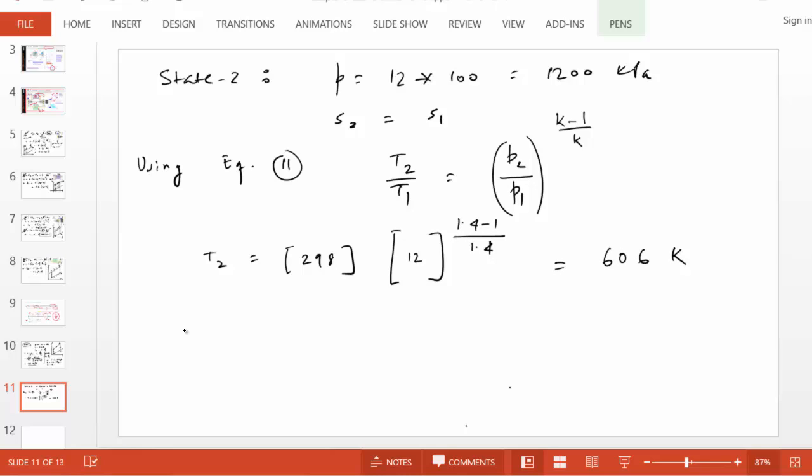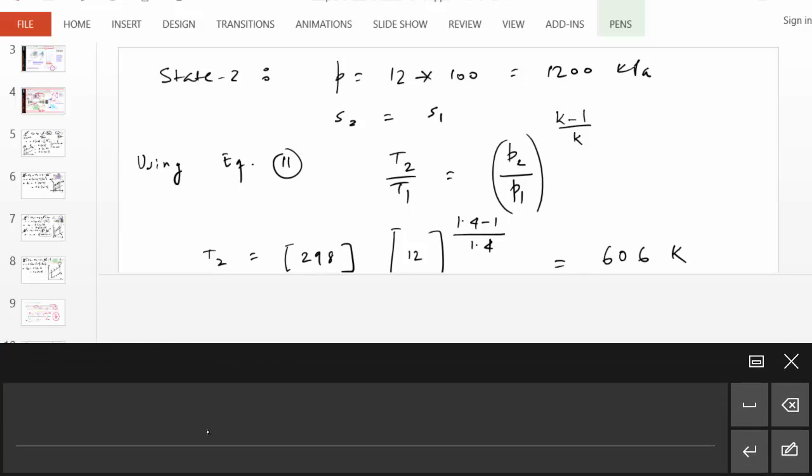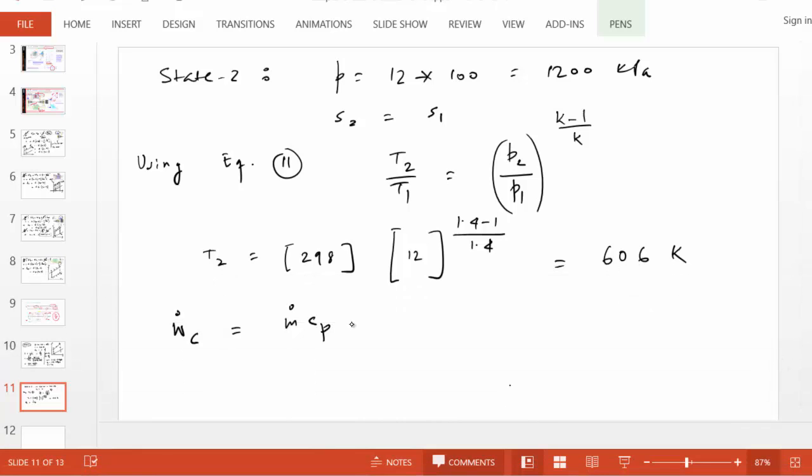So what will be the compressor work? Compressor work will be, if you recall, m dot Cp times T2 minus T1, and we have found m dot. Cp is known.